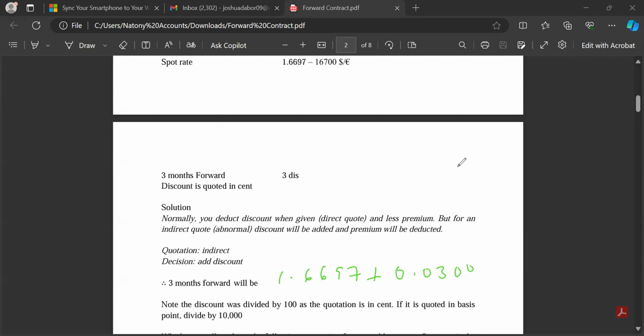Therefore, the forward rate will be equal to 1.6997.